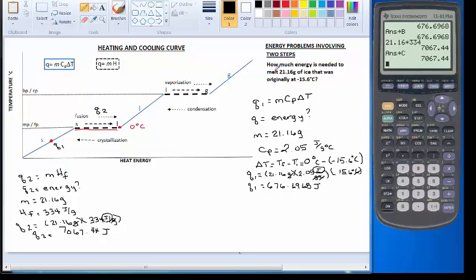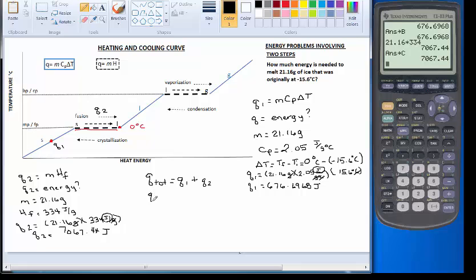Now, our question is asking us how much energy in total is needed to change a block of ice from negative 15.6 degrees Celsius into melted ice. So the way that we figure that out is by looking for our total heat energy. And our total heat energy is going to be Q1 plus Q2.